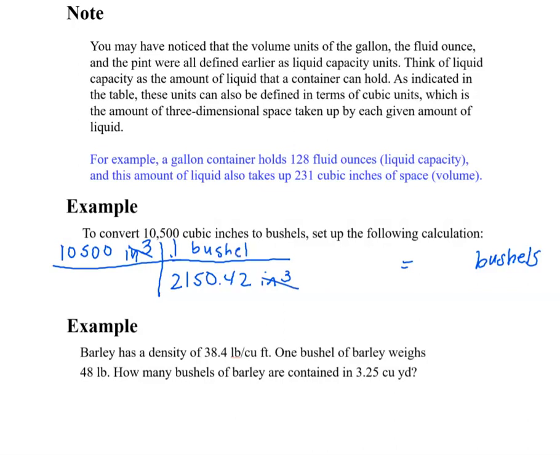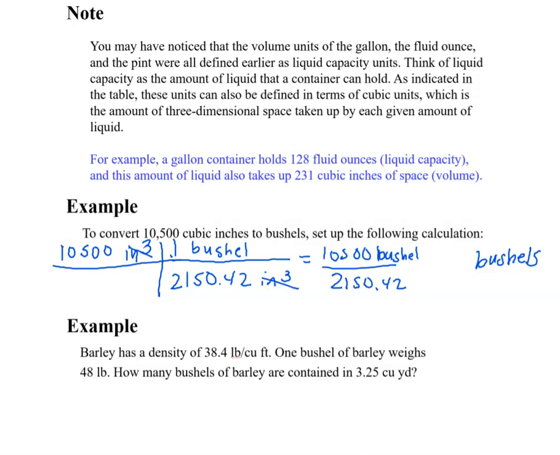Okay, so when we do that calculation, we're going to want to divide here because we've got 10,500 inches cubed on the top, and on the bottom we've got 2,150.42 inches cubed.